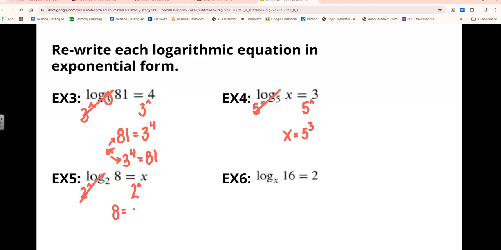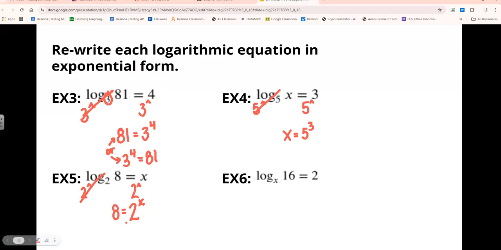How do I write that? 2 raised to the x power. Very good. Very important: 2 is the bottom number. We're not squaring both sides, because that's the main mistake I see kids make. Whatever the base is has to be the base over here on the other side.